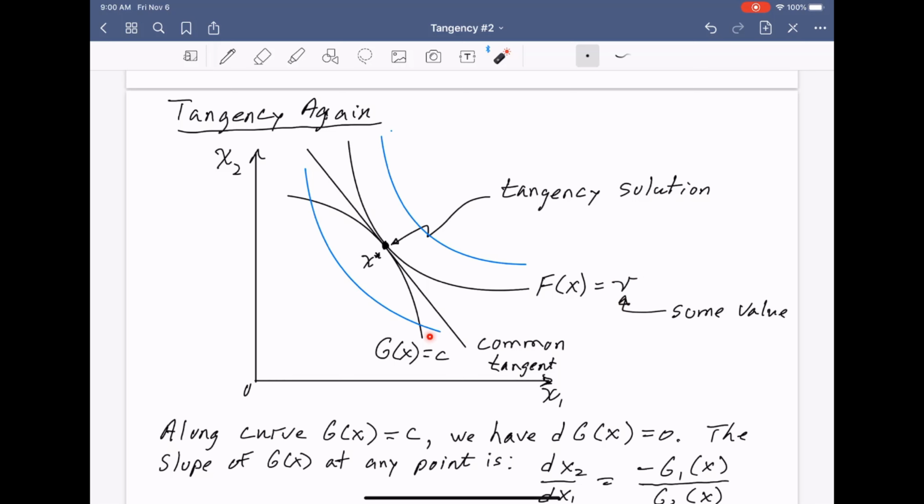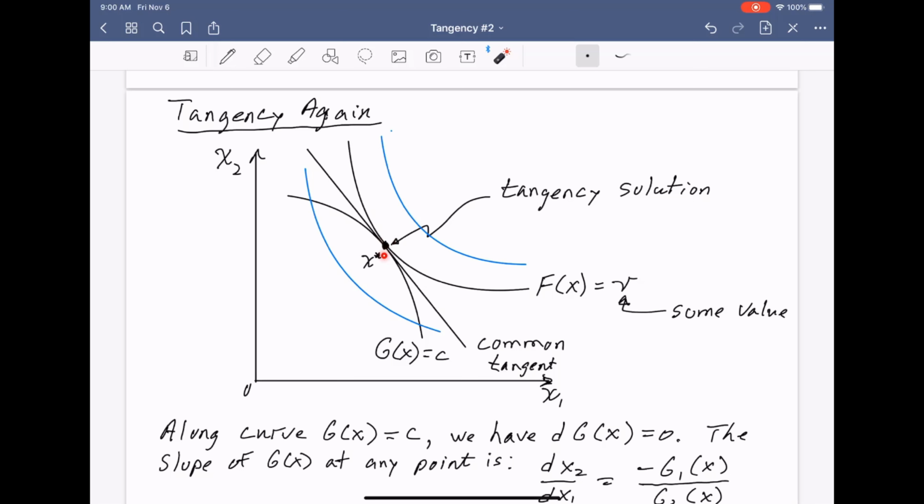Now, the constraint set looks like this, and it is bowed in a different direction. So the curve g of x is also nonlinear, and it has to be convex, while the function f of x, the objective, has to be concave.